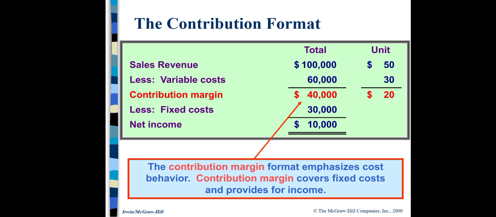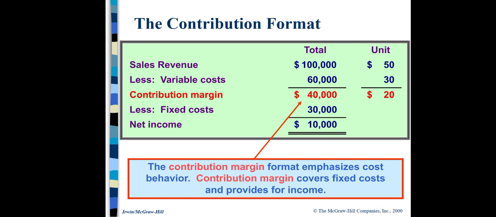Okay, this is the contribution margin format. As we see here, the contribution margin format emphasizes cost behavior. Contribution margin covers fixed costs and provides for the income. This is the use of contribution margin to estimate the net income.